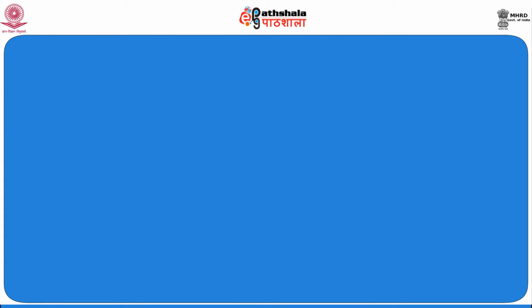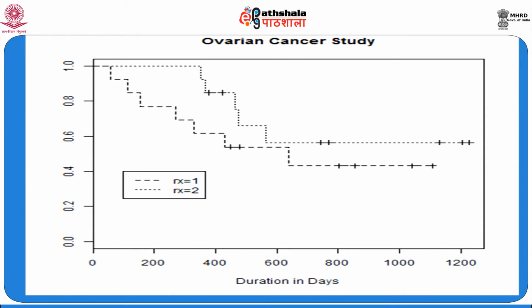Now if we go to the next slide, the graph looks like this, ovarian cancer study. Through the x axis we are showing the duration in days, how many days each patient was observed, and you can see the graph starts from 1 and goes down toward 0. In survival analysis, the Kaplan-Meier curve is a step function graph. It starts from 1 where time is 0.